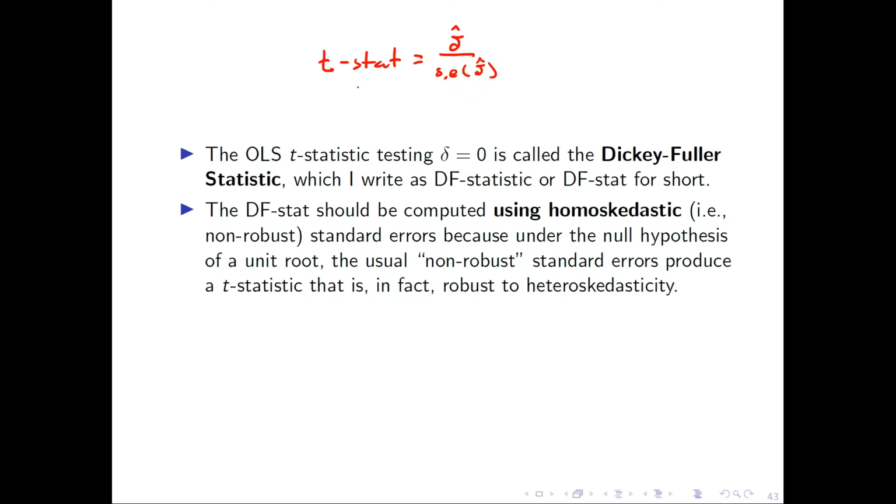This t statistic is called the Dickey-Fuller statistic, and we just use df stat for short. Remember that the Dickey-Fuller statistic should be computed using the homoscedastic standard errors, so you would not add the comma robust, for example, in Stata when you do this regression.